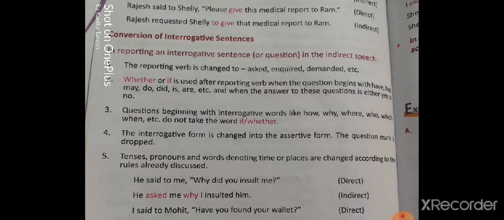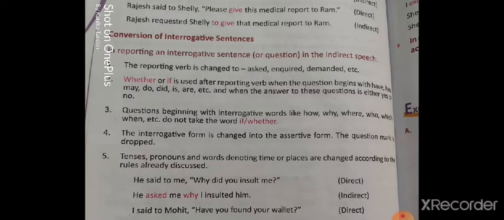Here we will use whether or if. Questions beginning with interrogative words like how, why, when, who, which, etc. do not take the word if or whether. These do not need if or whether. They always use that.